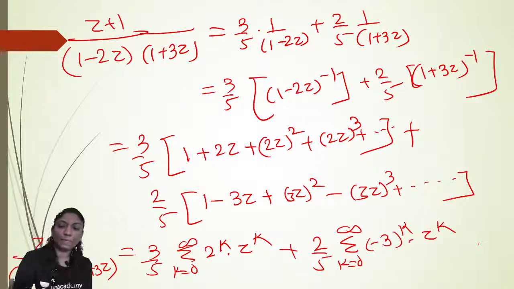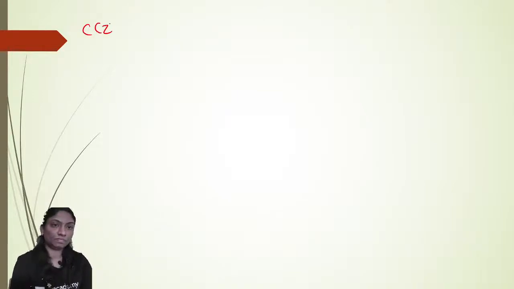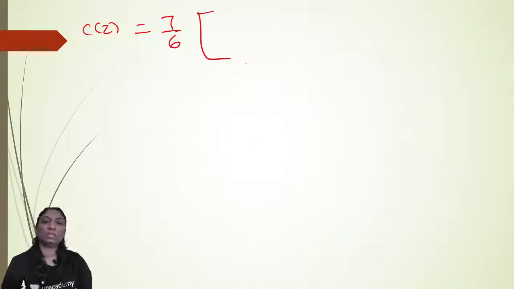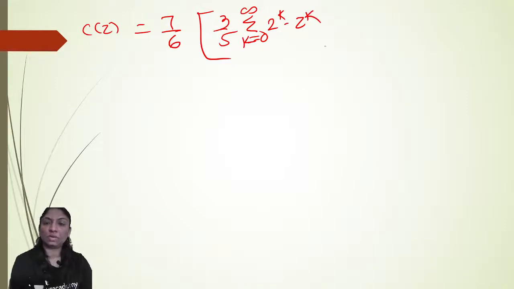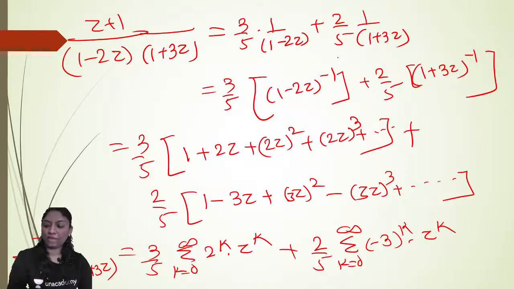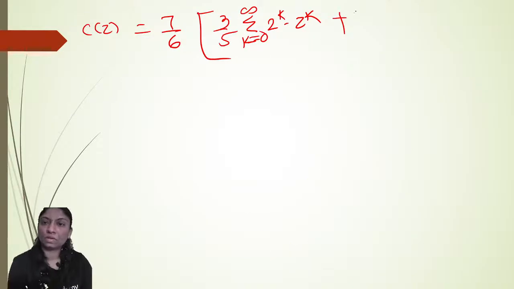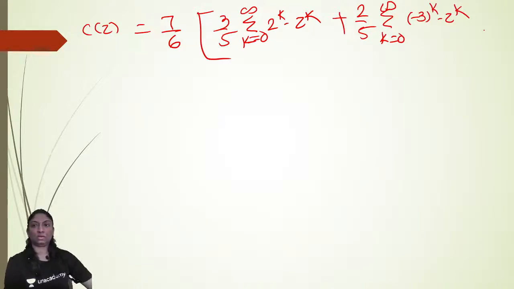And whole multiplied by 7 by 6 gives C of z is equal to 7 by 6 bracket 3 by 5 summation k varying from 0 to infinity 2 raised to k into z raised to k plus 2 by 5 into summation k varying from 0 to infinity minus 3 raised to k into z raised to k, right?